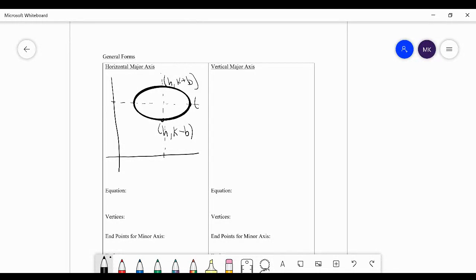This point here is h plus a comma k, h minus a comma k, and then h minus c comma k, and h plus c comma k. Notice our center is at the point h comma k.